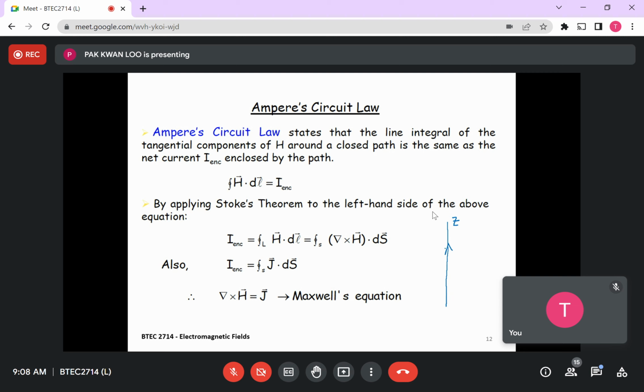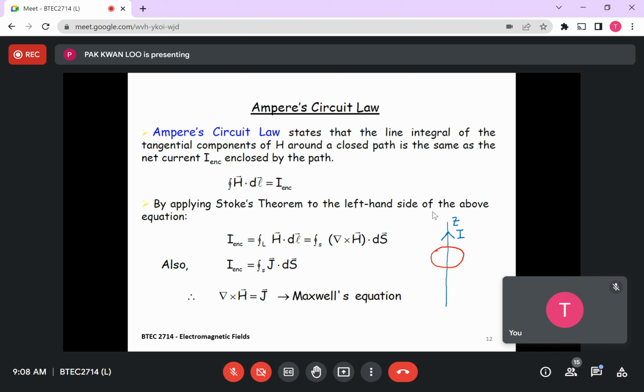So Ampere's law says that if I apply a closed path, a symmetrical closed path, it will be a circle here, enclosing this current, enclosing the current line.